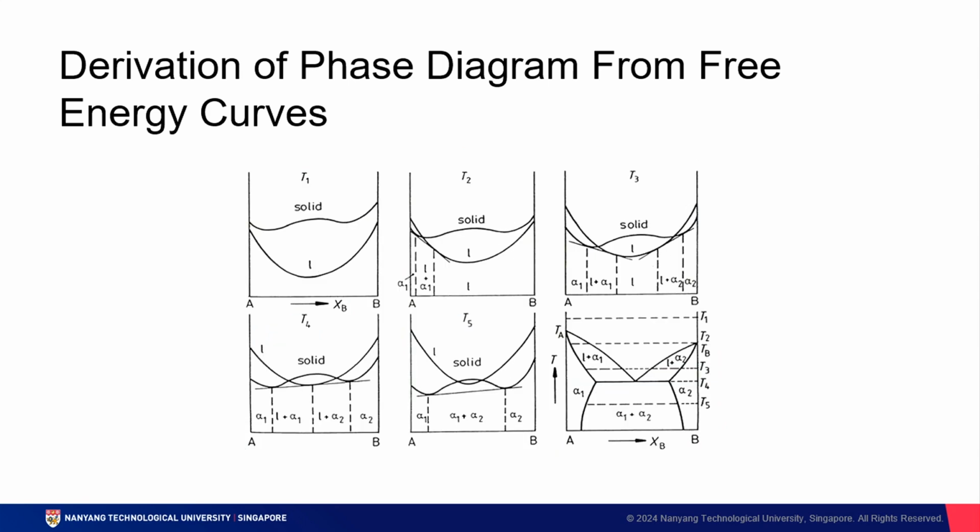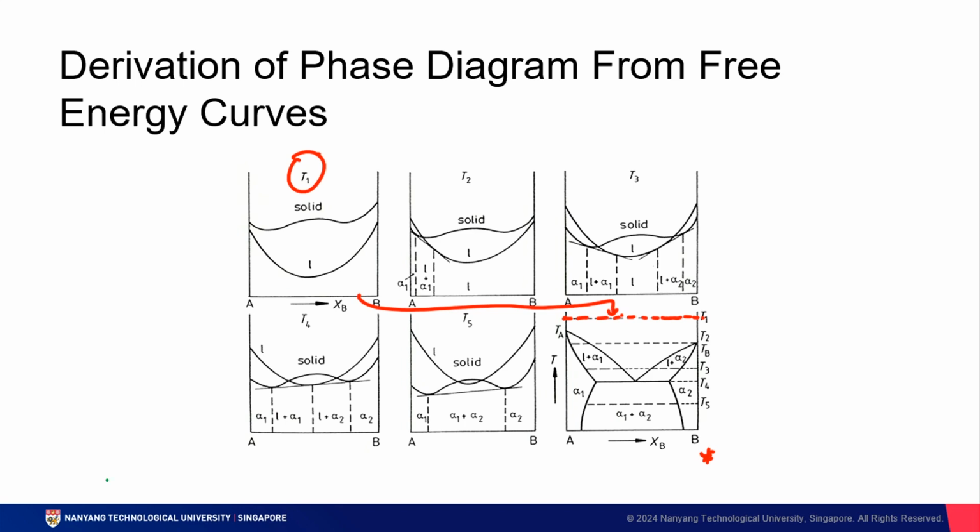Let's use the same principles for this slightly more complex phase diagram. So consider at first T1, right over here. At T1, the Gibbs free energy of the liquid phase is lower than the solid phase throughout the entire range. Hence, we can expect the liquid phase to be dominant throughout the entire regime.